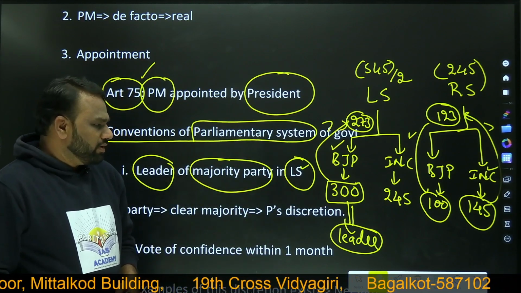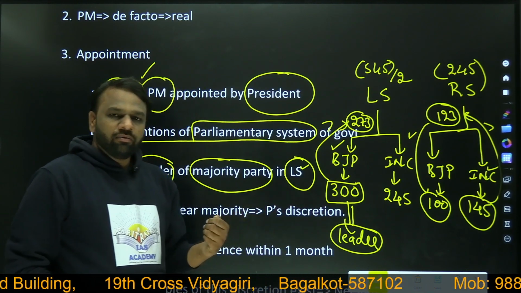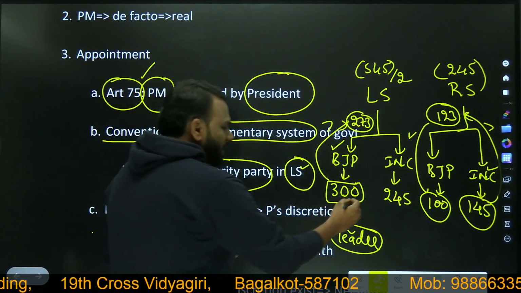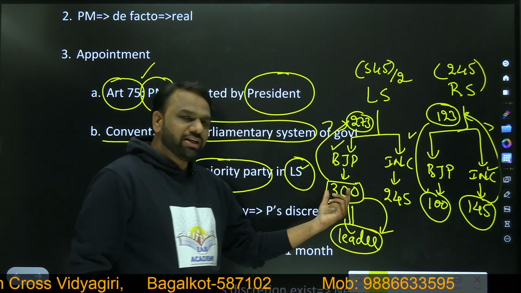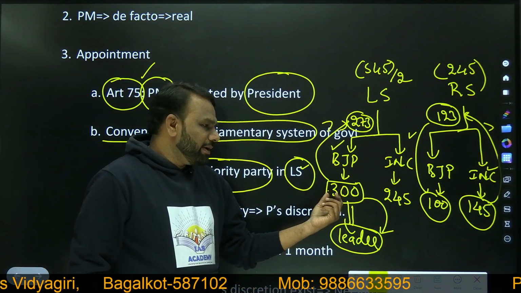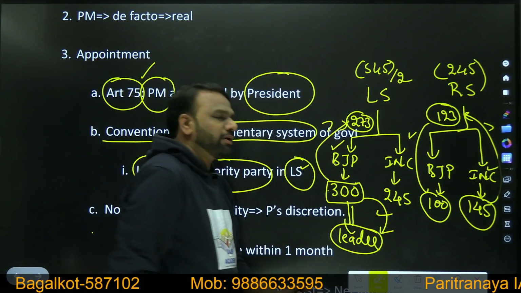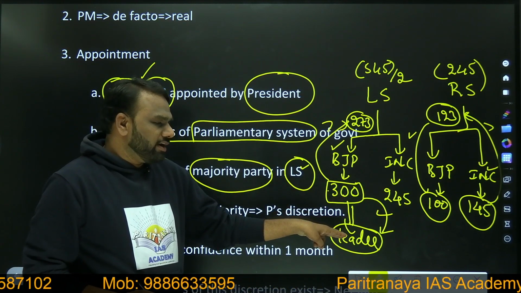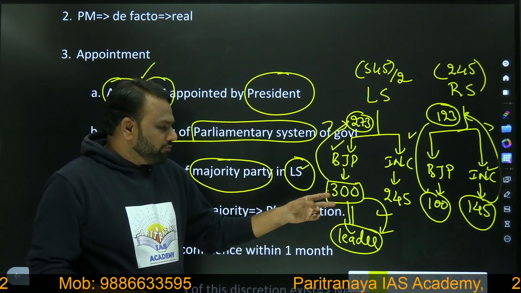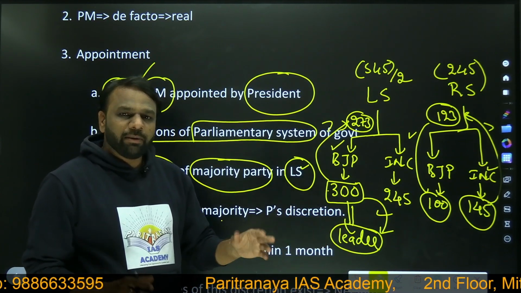So how will the President come to know who the leader is? These 300 people will make one person their leader. Among these 300 people, one person will be chosen as leader by all of them, and they will support that person as Prime Minister. Presently, the leader of the majority party is Prime Minister Narendra Modi ji.